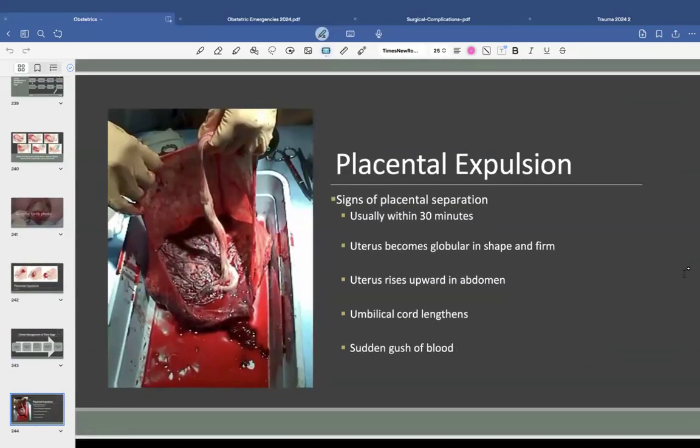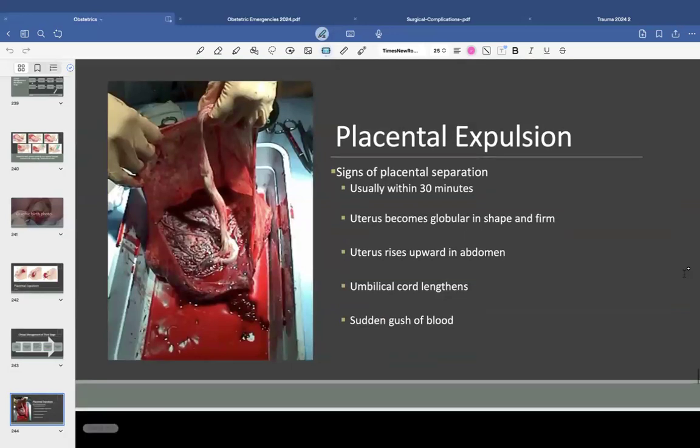So the uterus becomes firm, globular in shape, it rises up, the umbilical cord gets longer, then you have a sudden gush of blood. So there's your picture of the placenta.